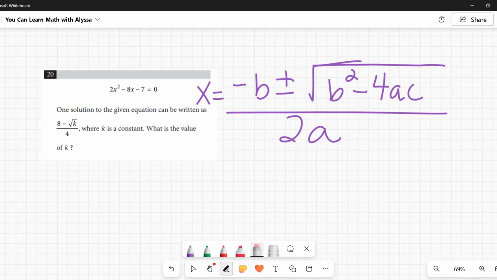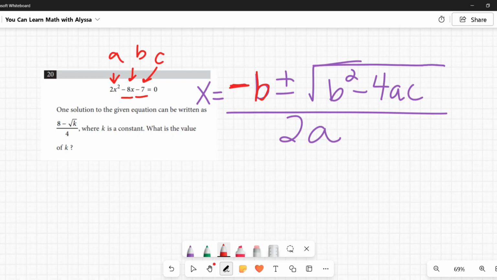So, all right, we have 2x squared minus 8x minus 7. So 2 is my a, negative 8, make sure that negative comes with me, is my b, and negative 7 is my c. So this negative right here in front of the b means the opposite of b.